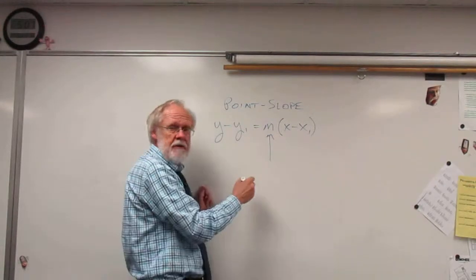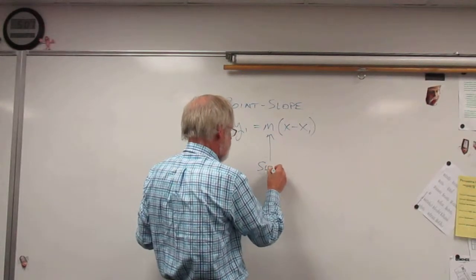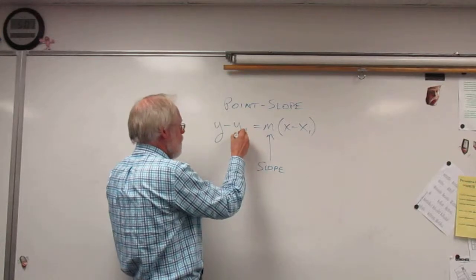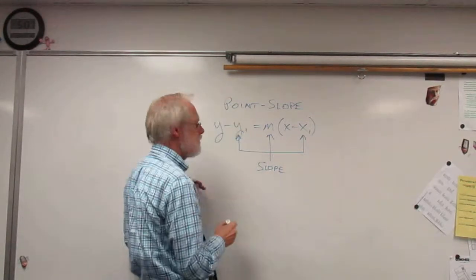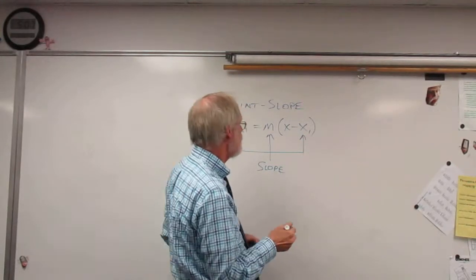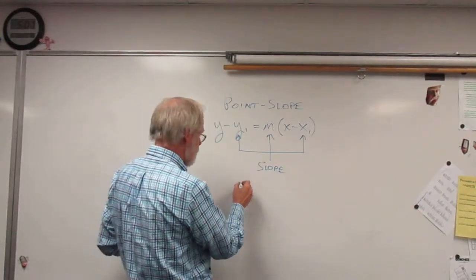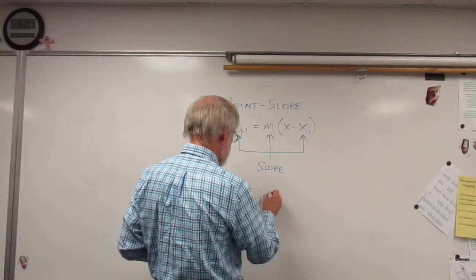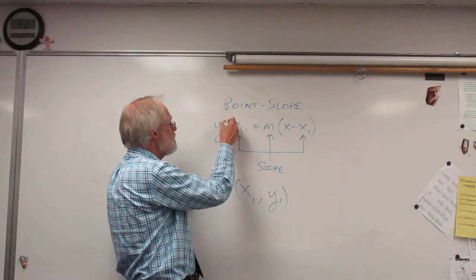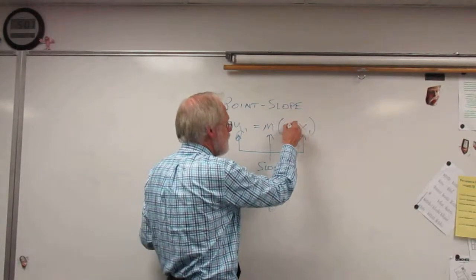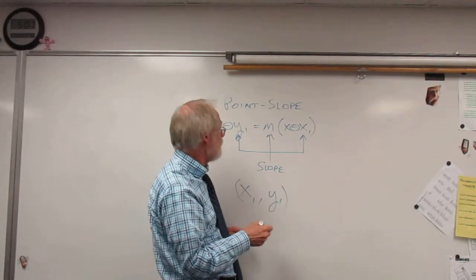M is still the slope. Y1 and x1 represent the values of a point on the line. So it would be a point x1, comma, y1. And notice that the negative sign is built into the equation on both sides.